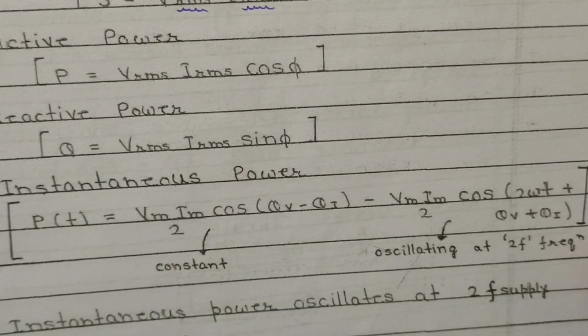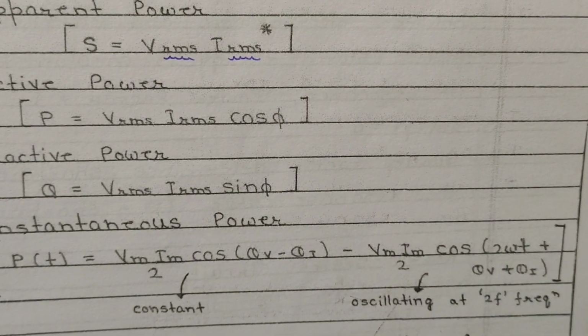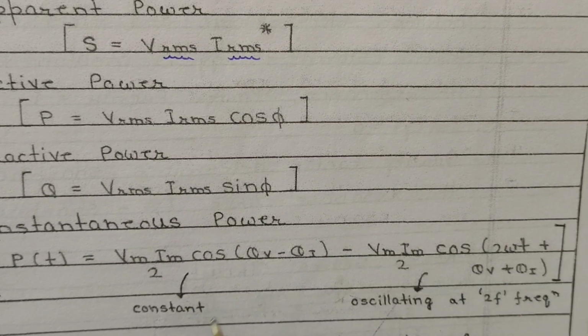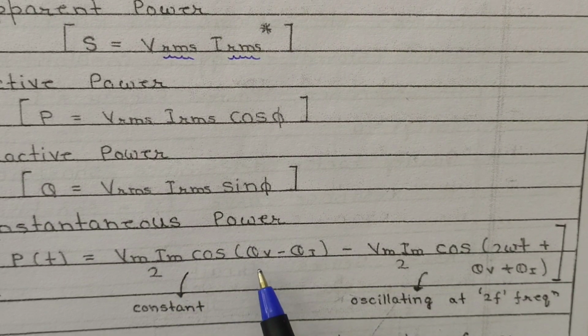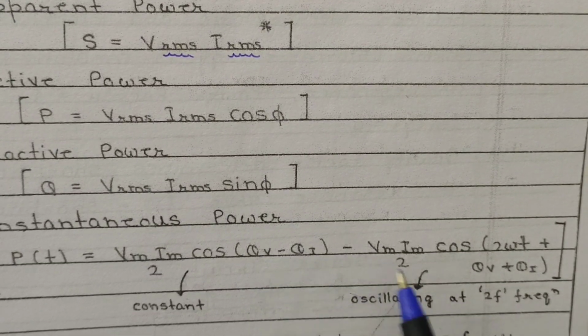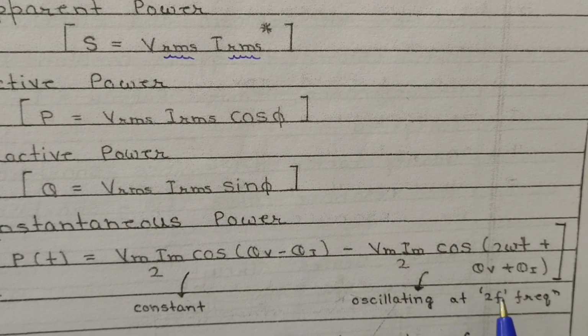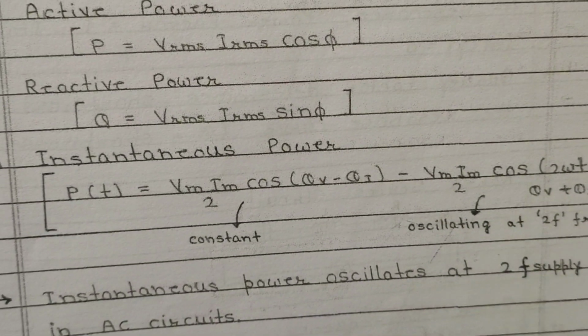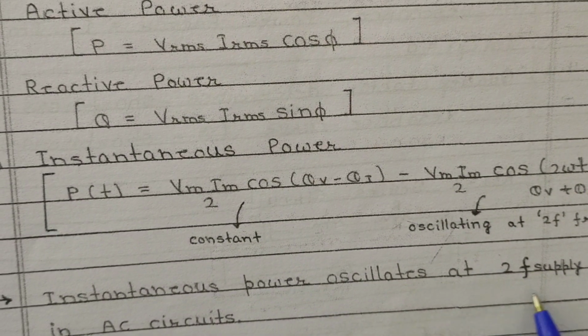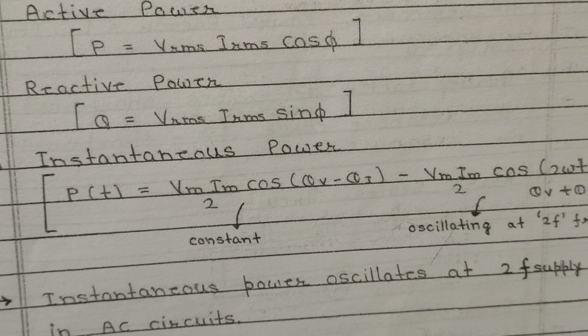Instantaneous power oscillates at 2 times the frequency, and is written by the equation Vm Im by 2 into cos of voltage angle minus current angle, plus cos of 2 omega t plus theta v plus theta i. Keep in mind that instantaneous power oscillates at double the supply frequency in AC circuits.